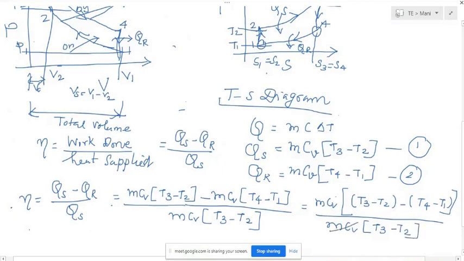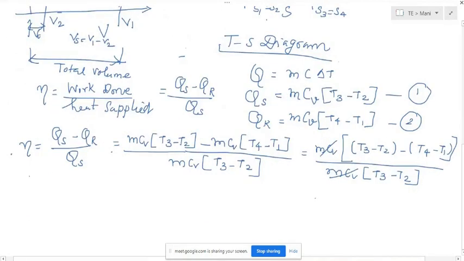So the m cv and m cv get cancelled here, and the remaining parameters are (T3 minus T2) minus (T4 minus T1) divided by (T3 minus T2).